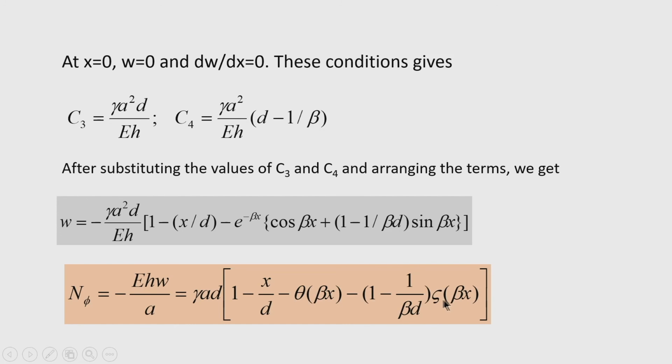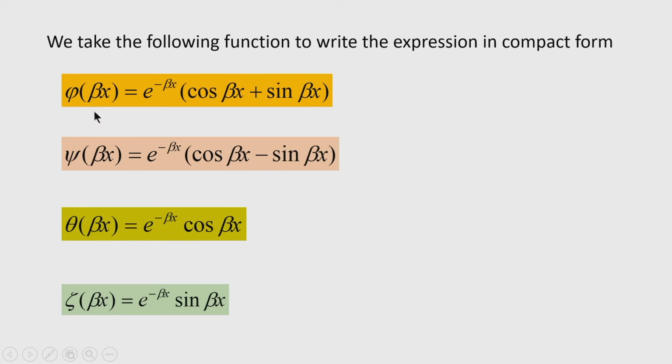Now, theta and xi are the functions which contain the exponential term with cosine terms or sine terms. So, there are several functions which contain this combination of exponential term and cosine and sine term.